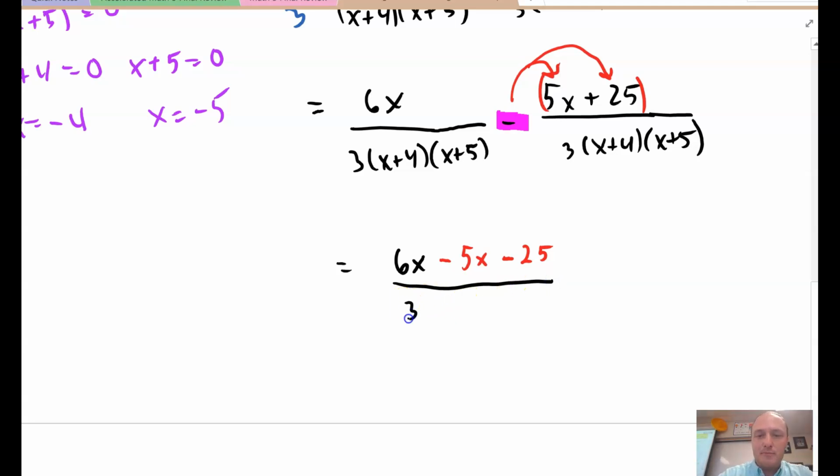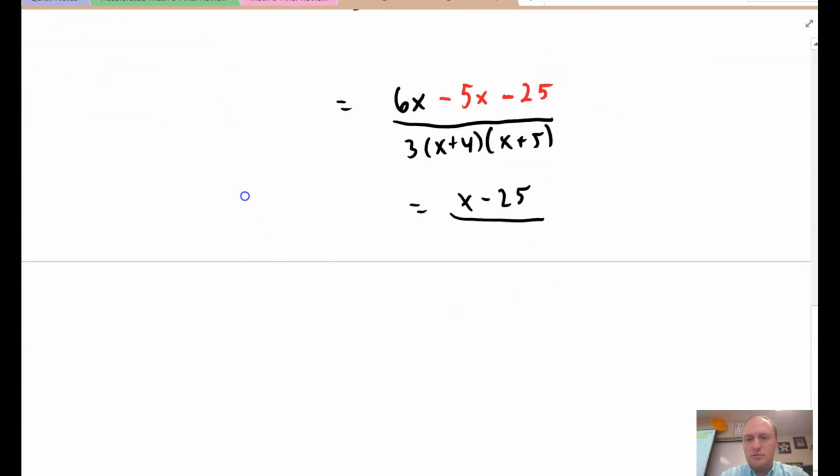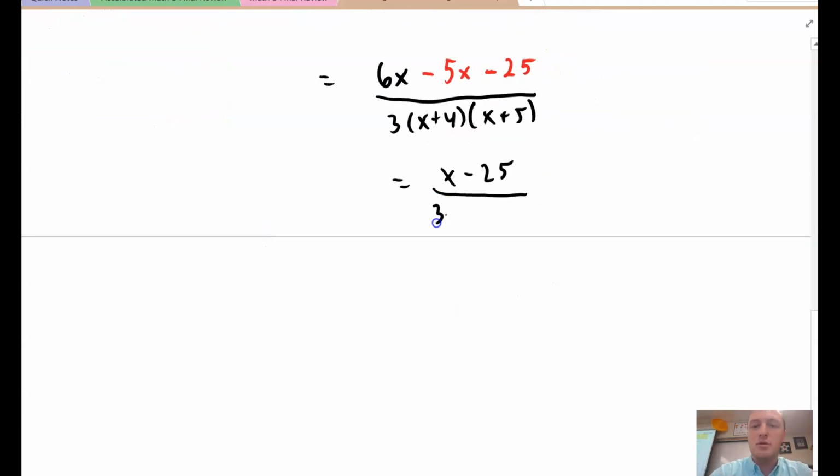So over our denominator, equals x minus 25 over the denominator. I'm running out of room. You can use other paper.